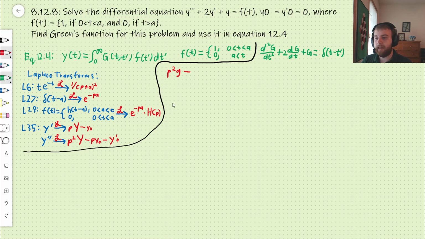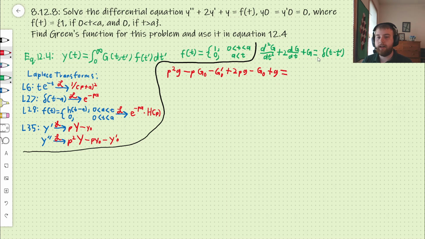And then we get p squared lowercase g, plus p of our initial condition minus our other initial condition, and then plus 2 times p of lowercase g minus our initial condition, plus our lowercase g, because that's just the Laplace transform of it.